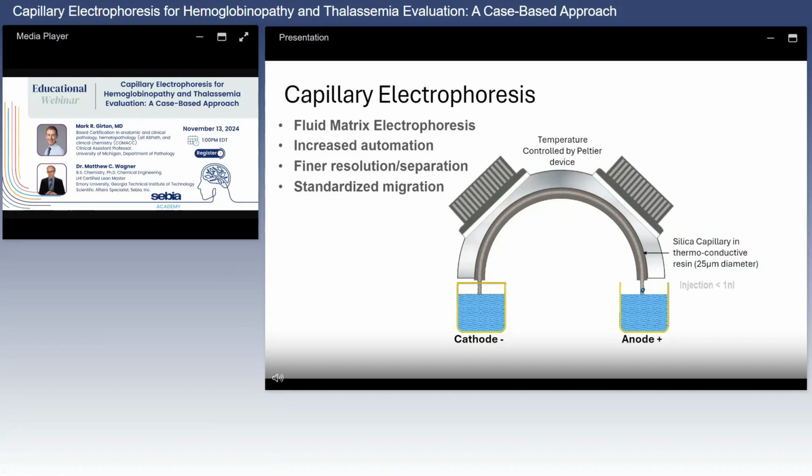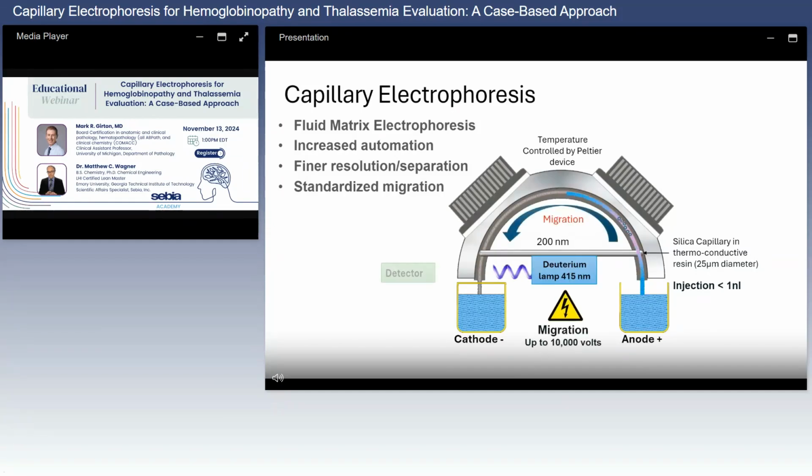We inject a very small amount of the patient's sample into one end of the capillary, and then we apply our electric voltage. This electric field is so powerful that it physically pulls the liquid buffer through the capillary, and the individual proteins, as they travel through the capillary, are also feeling this electric field and are separating out by size and charge.